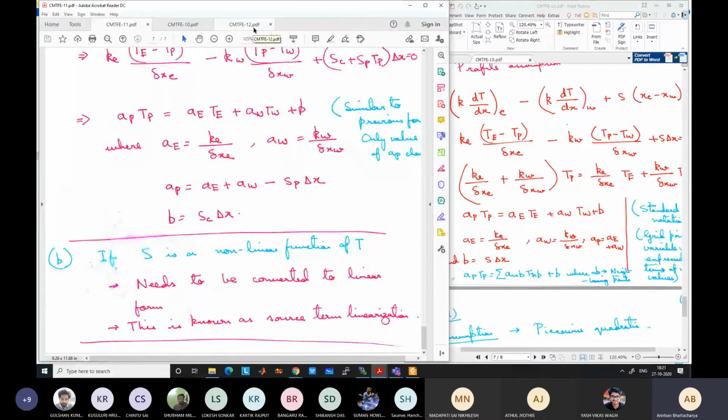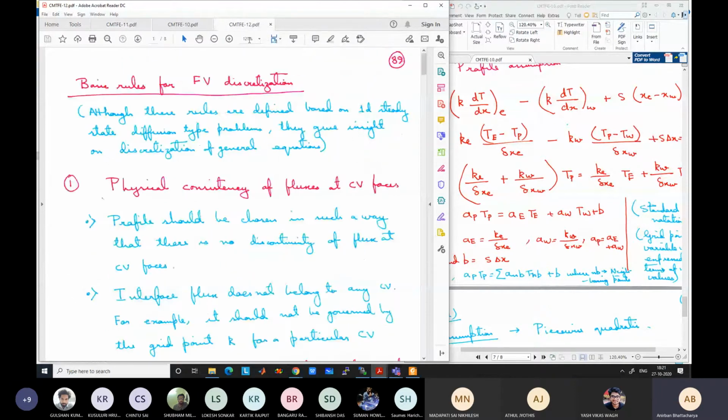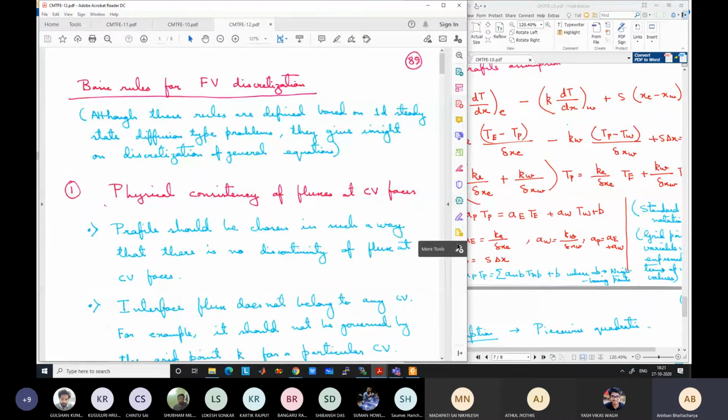So before going into treatment of nonlinear source terms, we have to check what are the fundamental points that should be kept in mind while developing the discretized equation using the finite volume method. In some books, these are written as basic rules of finite volume discretization. In many books it may not be directly written, but this is intrinsically present.